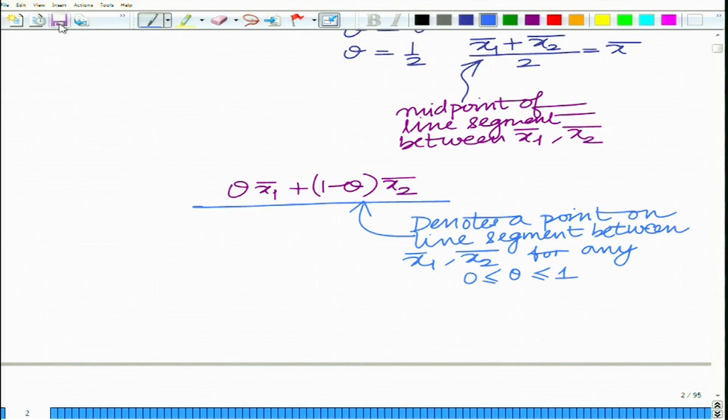Okay. So, as theta varies from 0 to 1, it traces the line segment between x1 bar and x2 bar. Okay. That is the first basic concept.